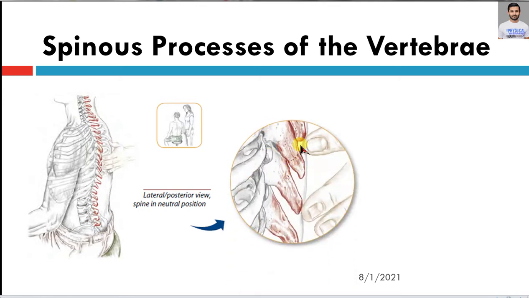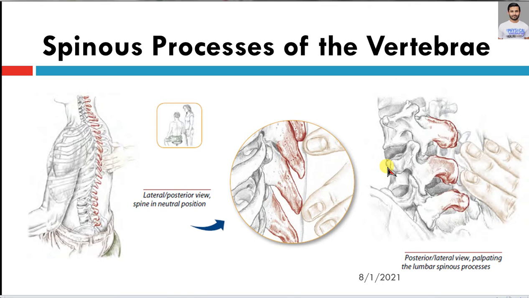Here you can see that the spinous processes make a bump, ditch and bump. So this is the bump, there's a ditch and again bump, bump, ditch, bump feeling in the central part of the posterior spine.